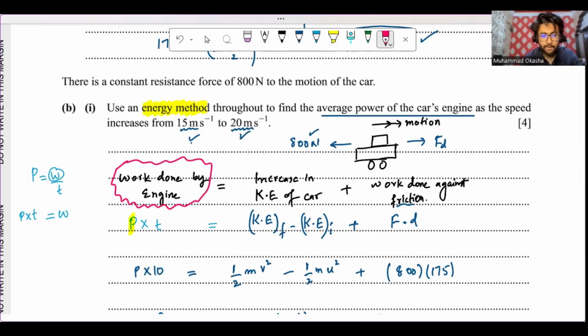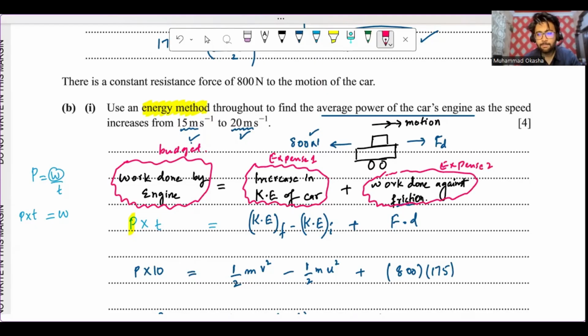And this is where the energy is spent. The amount of energy provided, worked in by the engine, is spent in increasing the kinetic energy of the car, which is expense one, plus another expense, work done against friction, which is expense two.